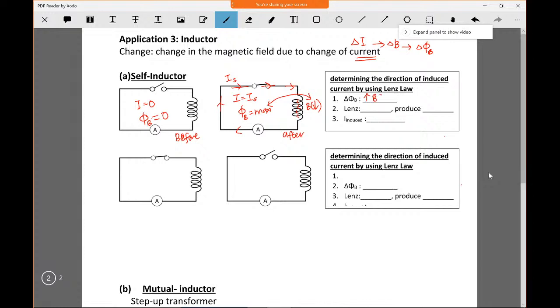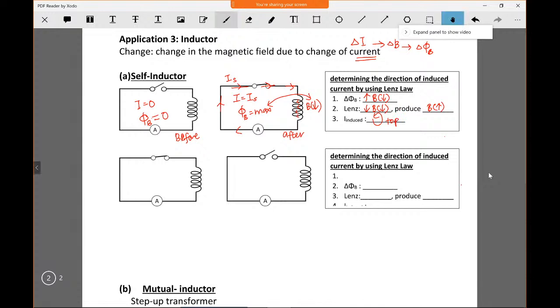So the change is definitely an increase of magnetic flux, and the direction of the magnetic field is moving downwards. According to Lenz, in order to oppose, I would like to decrease the magnetic field moving downwards, so I have to produce a magnetic field moving upwards. Based on your right hand grip rule, to produce a magnetic field moving upwards, the current will be moving anti-clockwise from the top view.